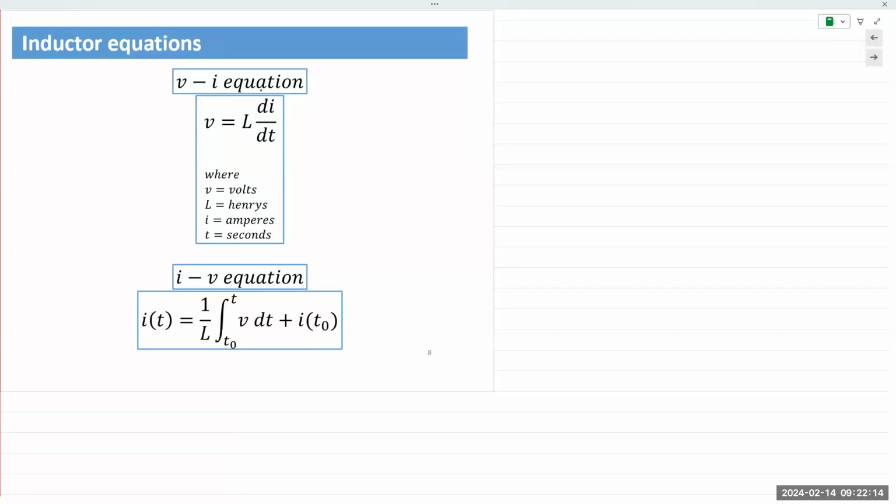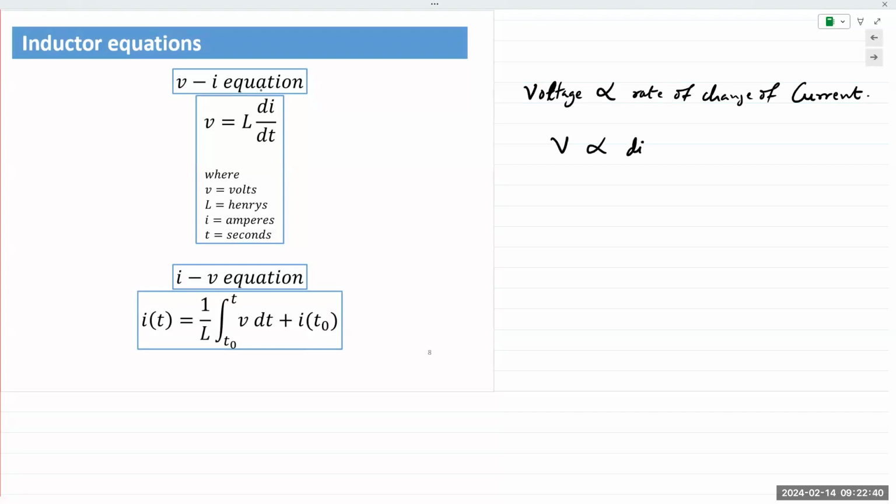Voltage is directly proportional to the rate of change of current, di over dt, and the constant is the inductance value.